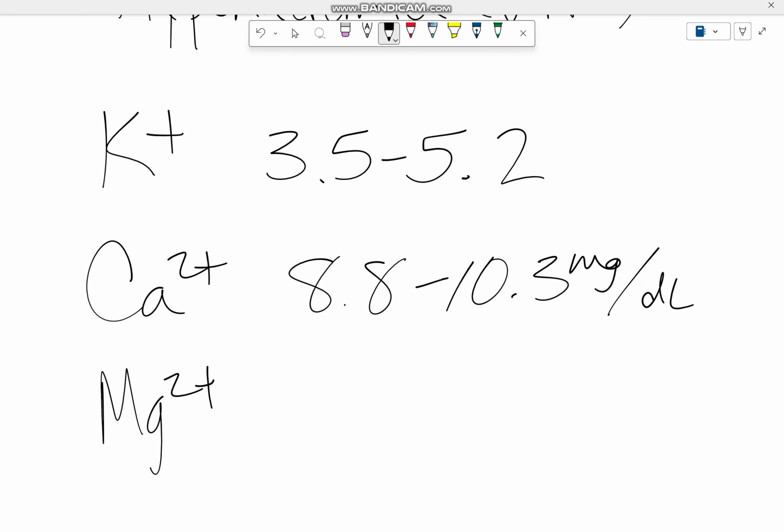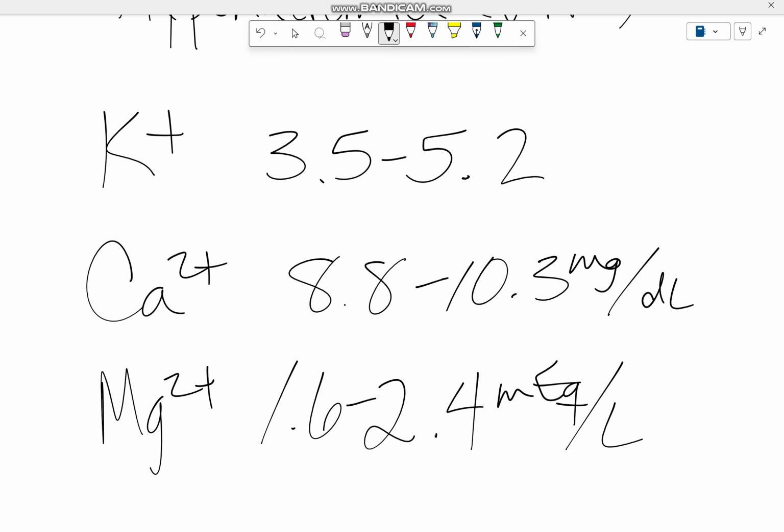Next is magnesium. Normal levels are 1.6 to 2.4 milliequivalents per liter. Low magnesium can be from decreased absorption or intake, increased renal loss, increased GI loss from diarrhea, vomiting, celiac disease, or IBS, things like that.